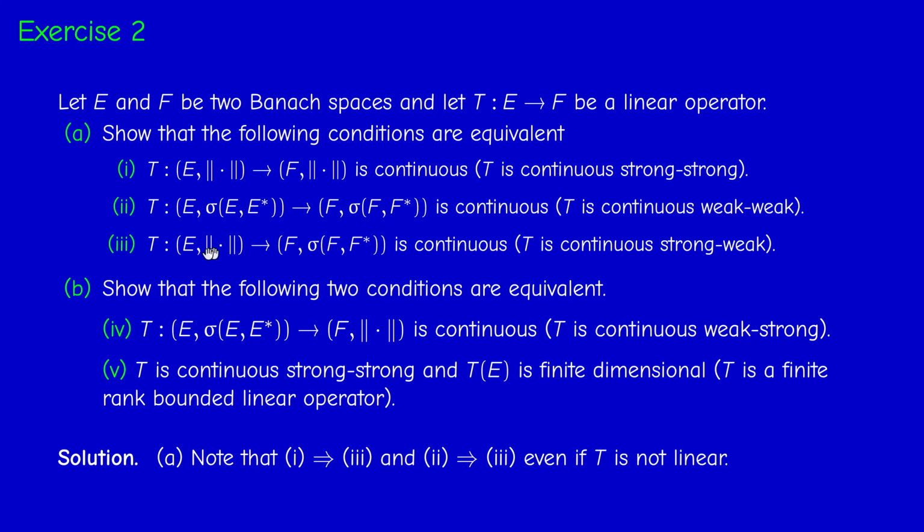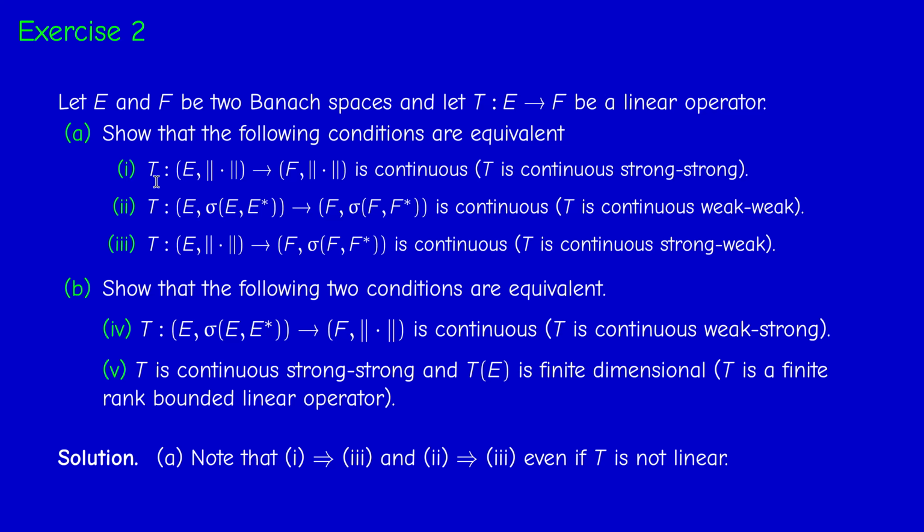And similarly, 2 implies 3. Why? Because if 2 is satisfied, then the inverse image under T of a weakly open subset of F is a weakly open subset of E, and therefore it's a strongly open subset of E. So 2 implies 3, even if T is not linear. So we already have 2 of the implications that hold in general.